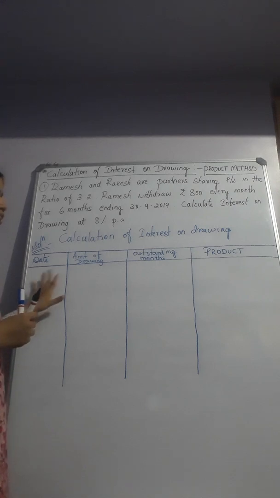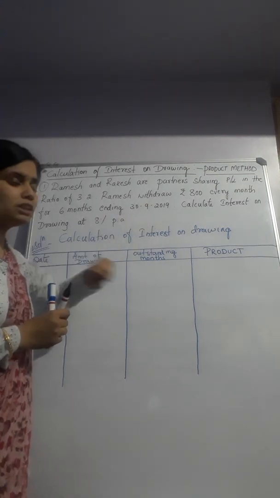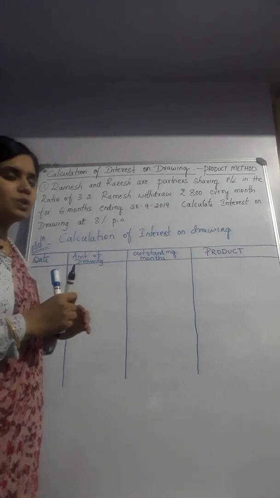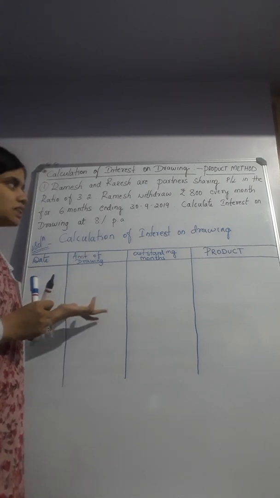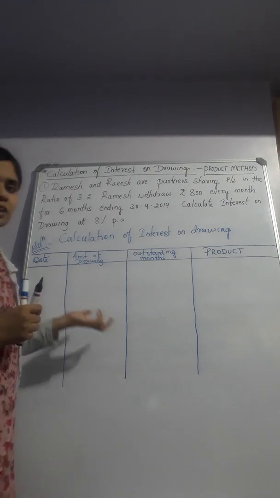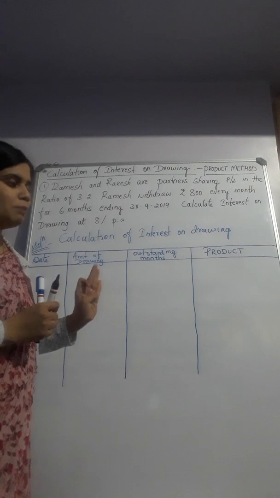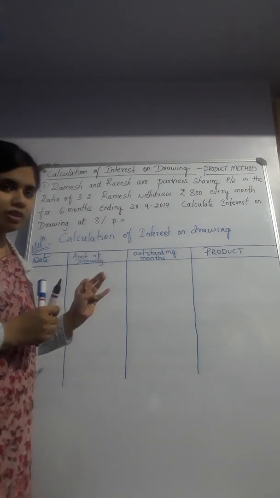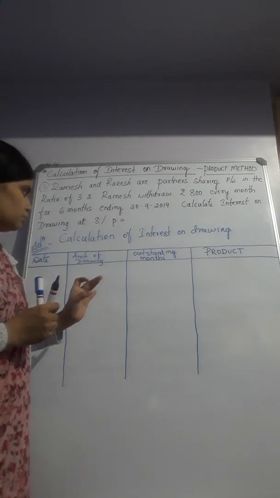Firstly, we have to take the 4 columns. Date, on which date he is withdrawing. If nothing is given in the problem, it is understood that you are withdrawing at the beginning of every month. As I have discussed earlier, there are 3 bases on which we can withdraw the amount: beginning of every month, middle of every month, and end of every month.